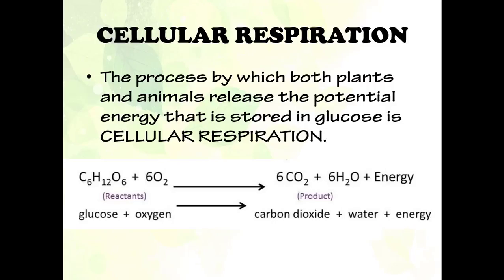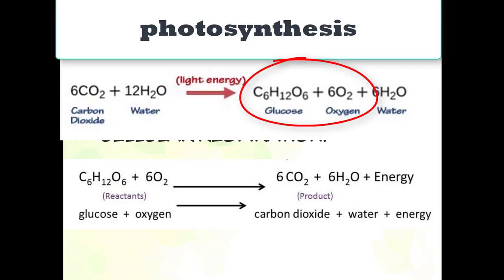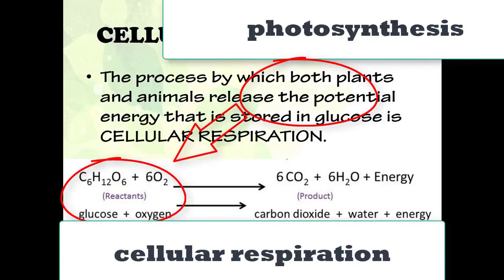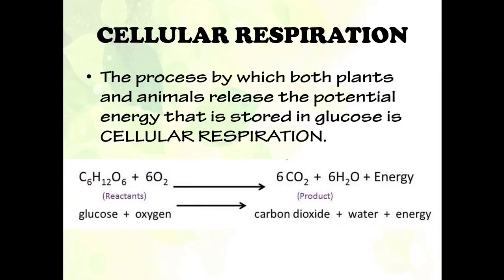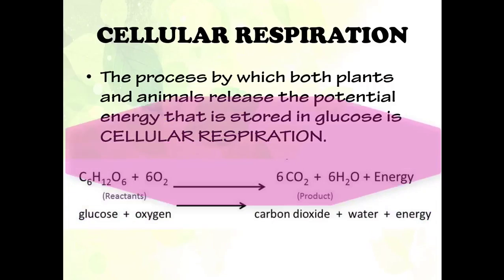In cellular respiration, the products that were made in photosynthesis, the glucose and the oxygen, are then used in cellular respiration. Here is the equation for cellular respiration. Glucose and oxygen are used to produce carbon dioxide, water, and energy in the form of ATP that the cells can use.